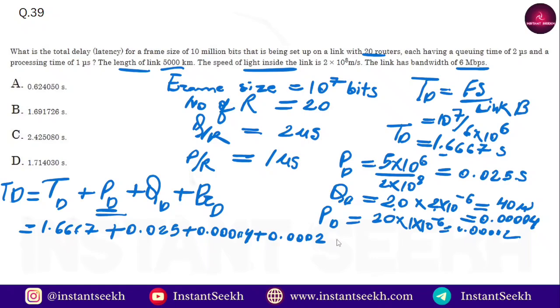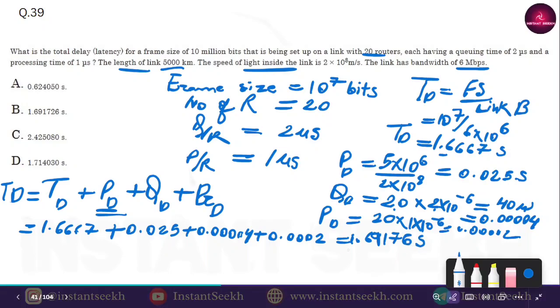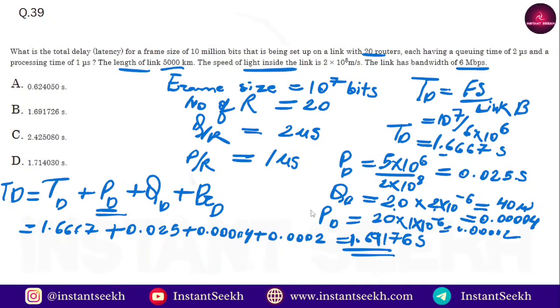If you add up all of this, you will be getting 1.69176 seconds. This will be your total delay for this particular question. So option B is the right answer, that is 1.691726 seconds. Let's move on to the next one.